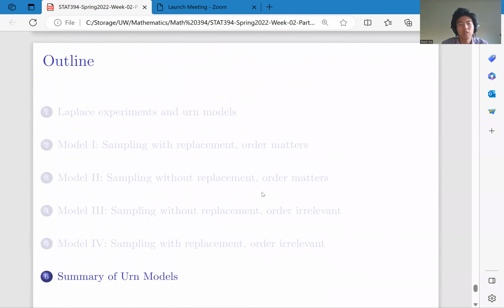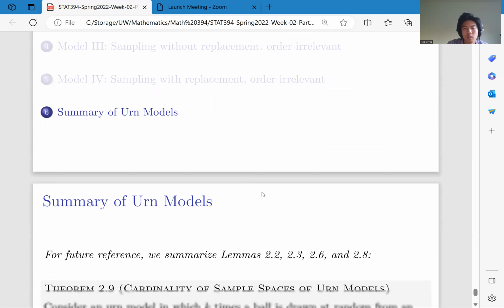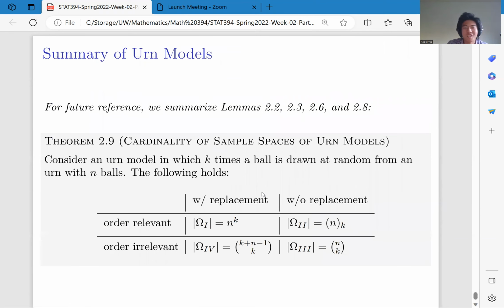After we have explored all of the models, we can make a beautiful summary here. Consider a model in which k times a ball is drawn at random from an urn with n balls.